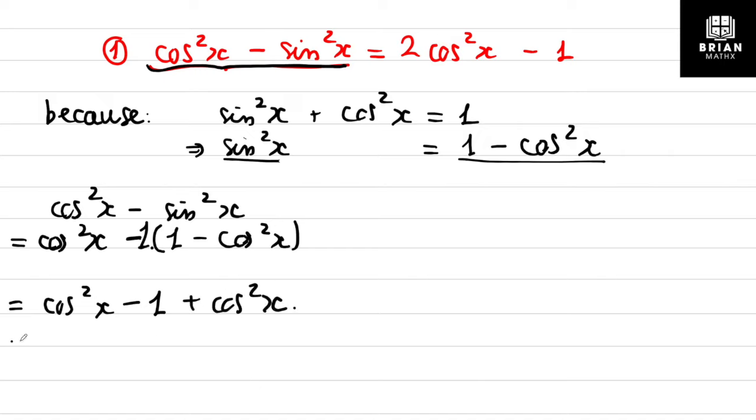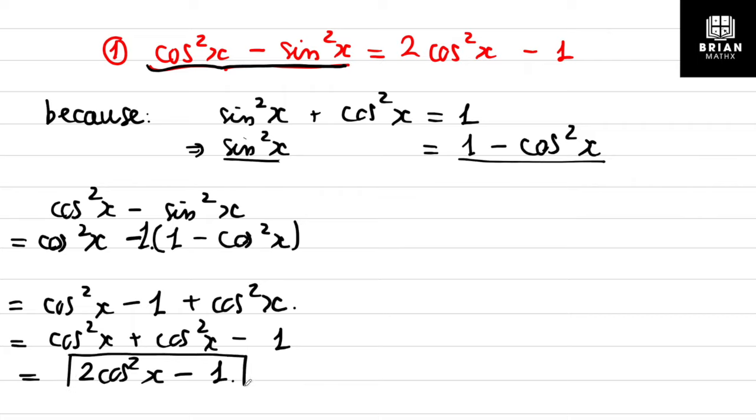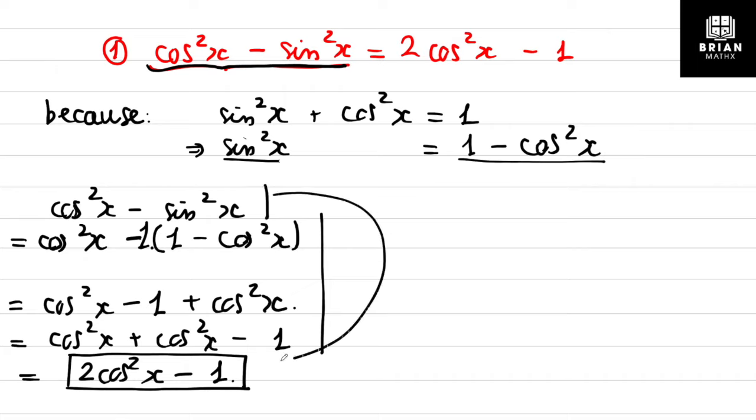So rearranging, you get cos square x plus cos square x minus 1, and then you get the final answer: 2 cos square x minus 1. So in three steps, this side becomes this one. So we are done, it's proven.